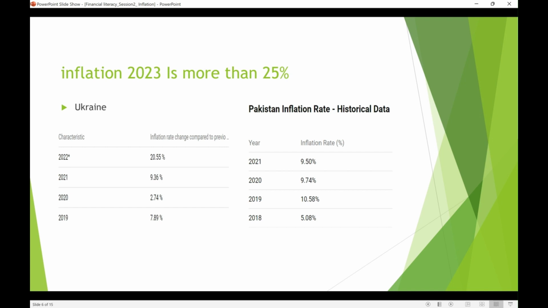Now we see that inflation has gone up 25%, which means there's no power, and if somebody wants to buy a candle, it usually costs 5 Pakistani rupees. Now it costs 20 rupees. There's also less supply and more demand, and vegetables and any food products have gone high. There's a shortage of food as well.